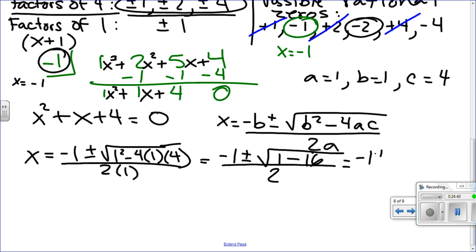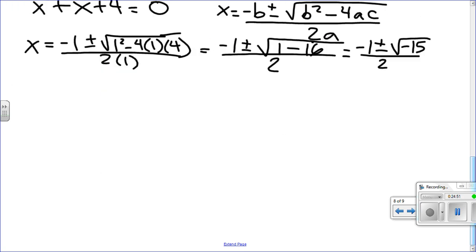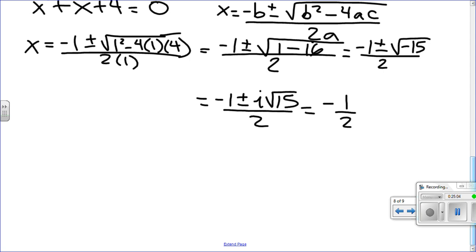So negative 1 plus minus the square root of negative 15 over 2, or negative 1 plus minus i square root of 15 over 2. So that will be negative 1 over 2 plus minus square root of 15 over 2 i.